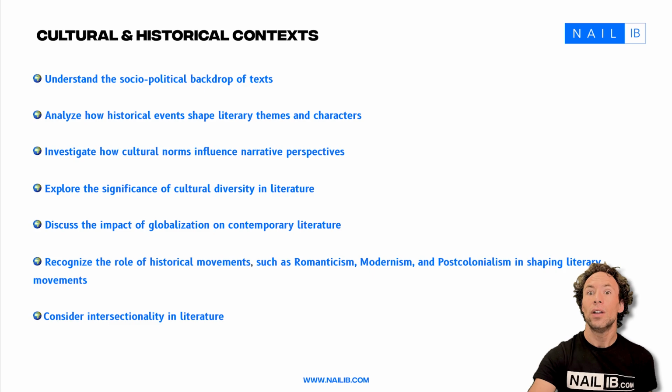The socio-political context profoundly influences all the aspects of a literature. If you consider many of the books that you've read and consider the history that led up to them being written, you can really begin to gain an understanding of how that history influenced and created that literature. It's really interesting. So we will examine how those historical events, social movements, political ideologies, and so on, all shape the narrative presented in the text.